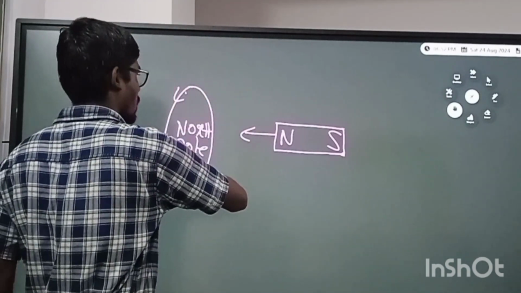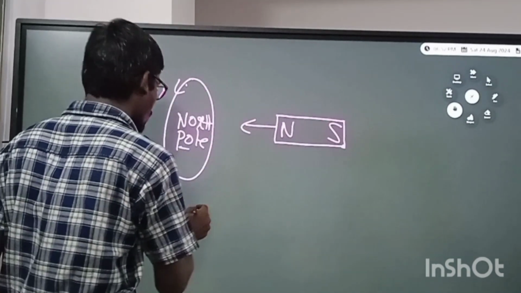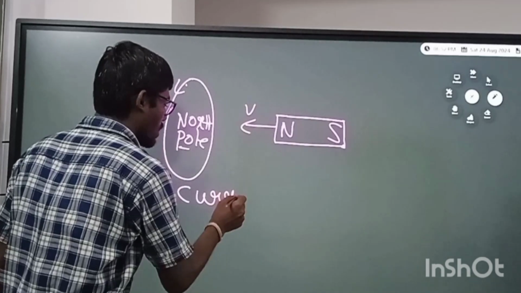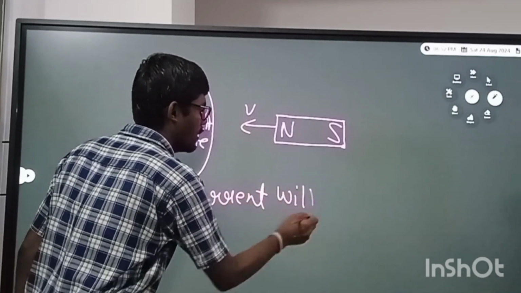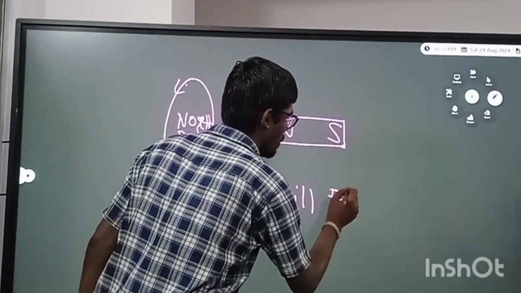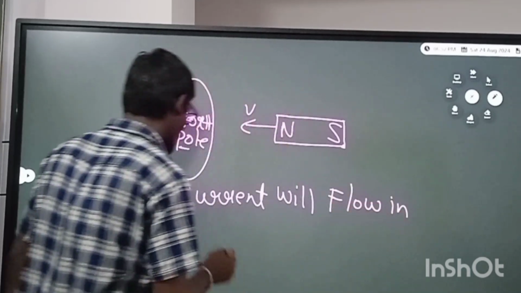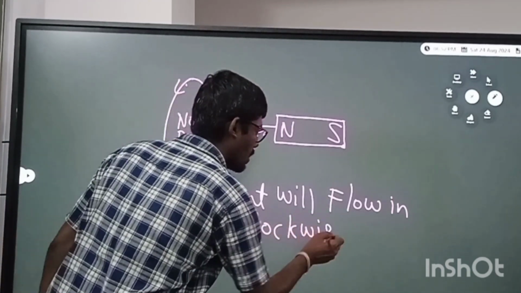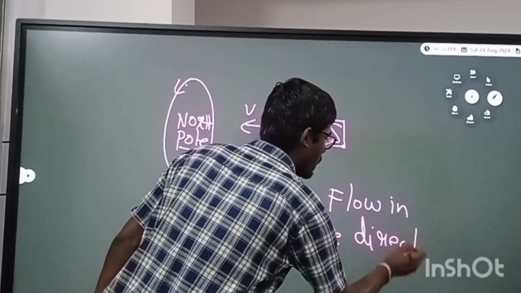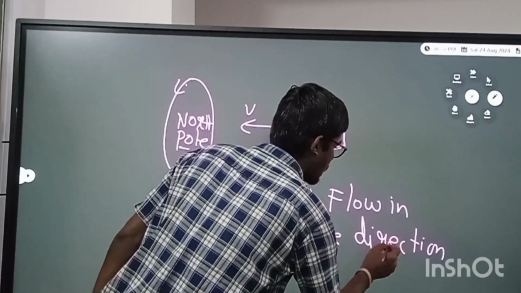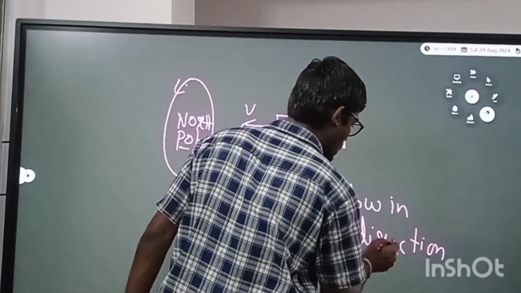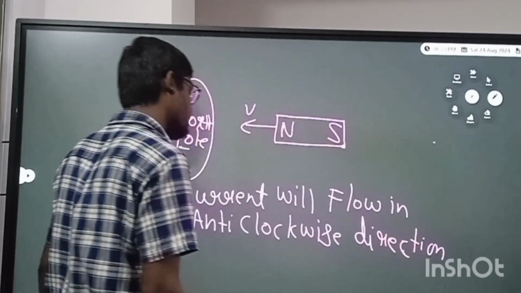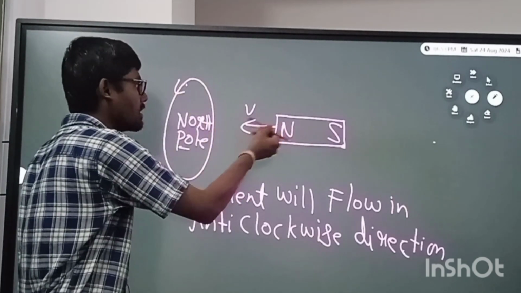Okay, now we take another example. See, current will flow in anti-clockwise direction in this coil, because the magnet is coming toward the conducting coil.